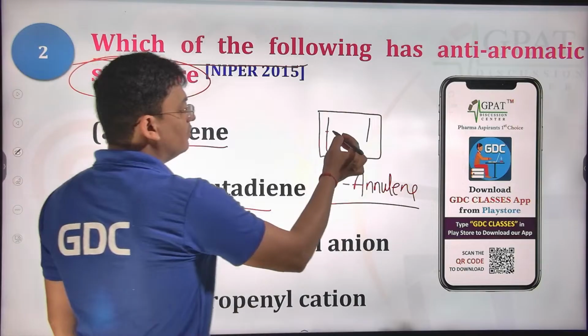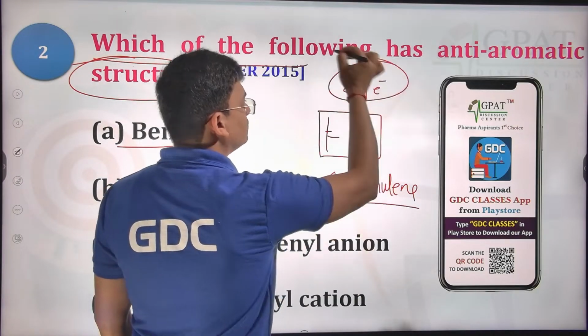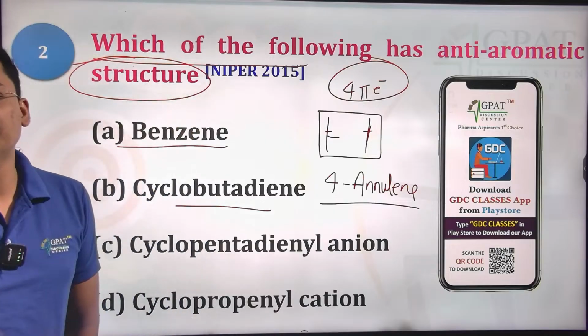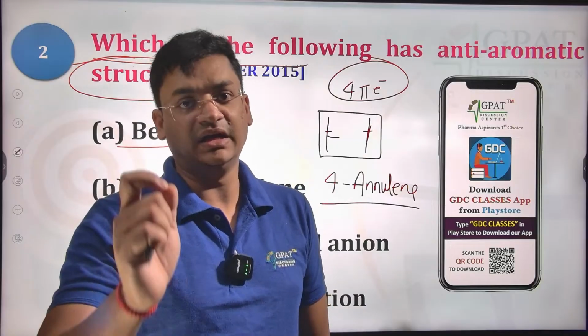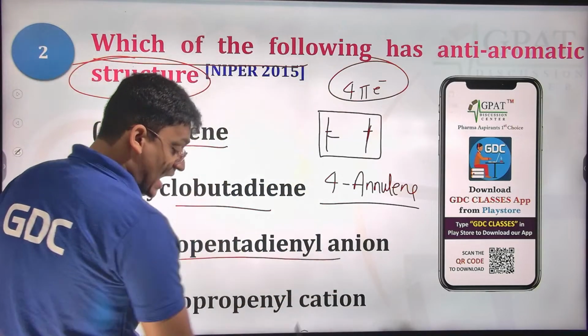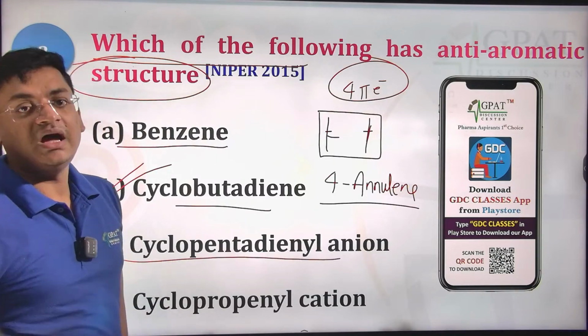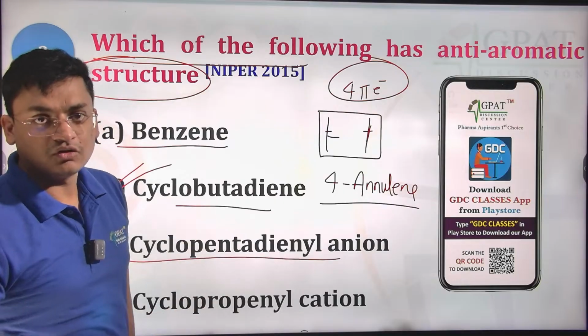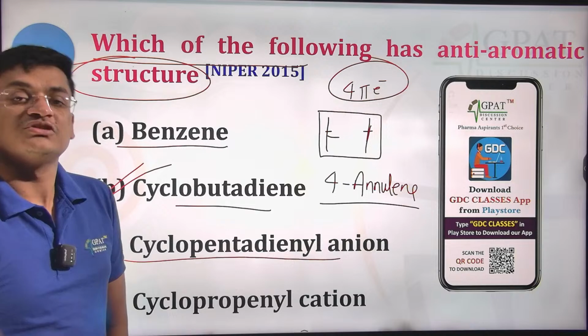It has 4 pi electrons. According to Huckel's rule, if the conjugation has 4 pi electrons, it will be an anti-aromatic structure. Cyclopentadienyl cation will be anti-aromatic due to the 4 pi electron system, while cyclopentadienyl anion is aromatic due to the 6 pi electron system.